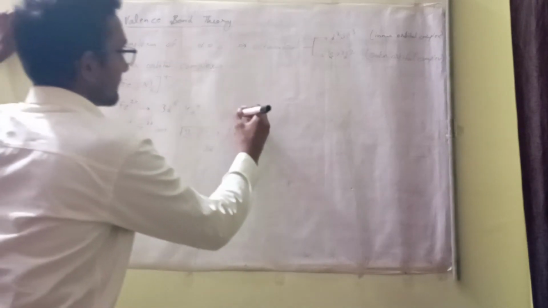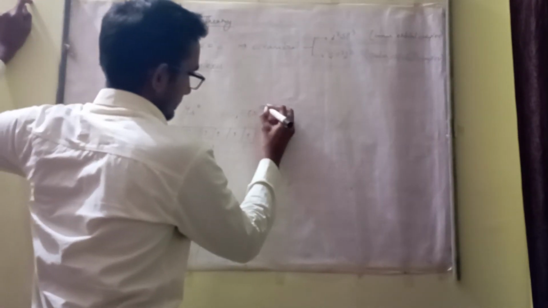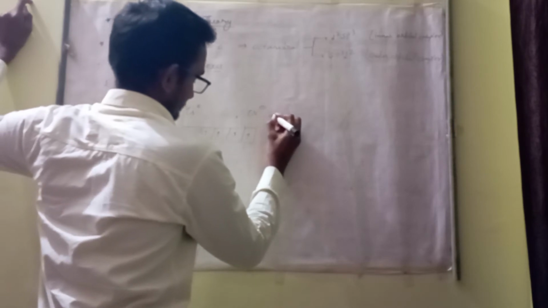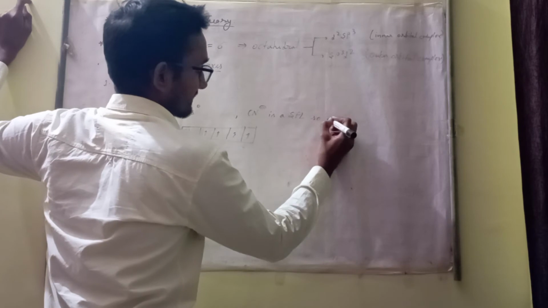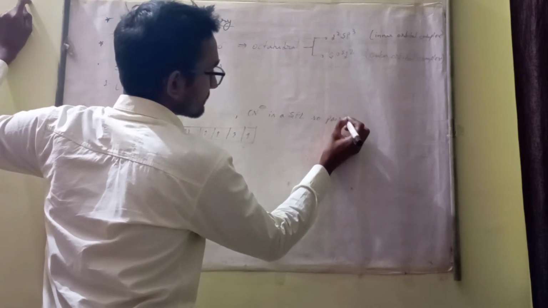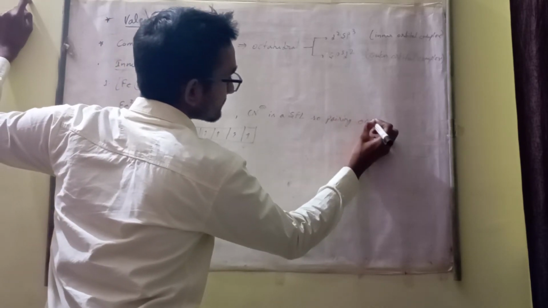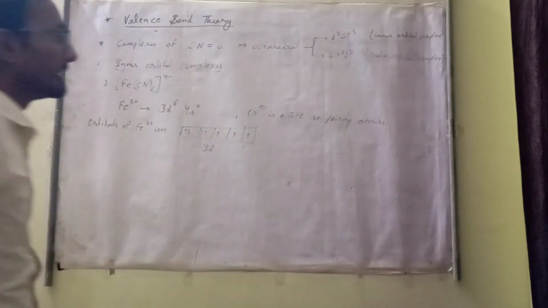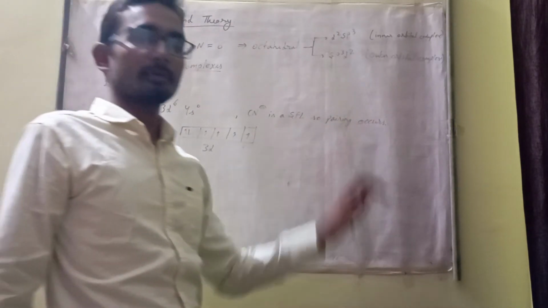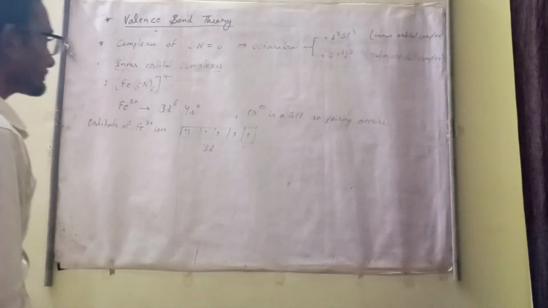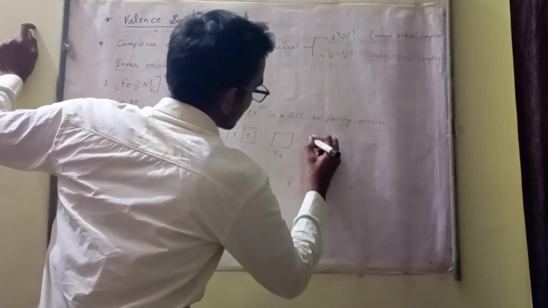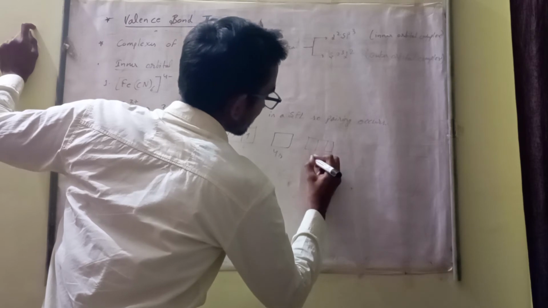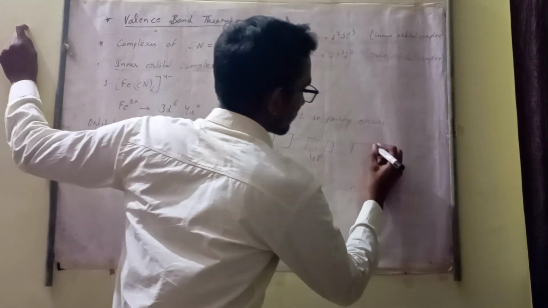As we know that CN minus is a strong field ligand, so pairing occurs. 3d, this is your 4s, this is your 4p, and this is your 4d.